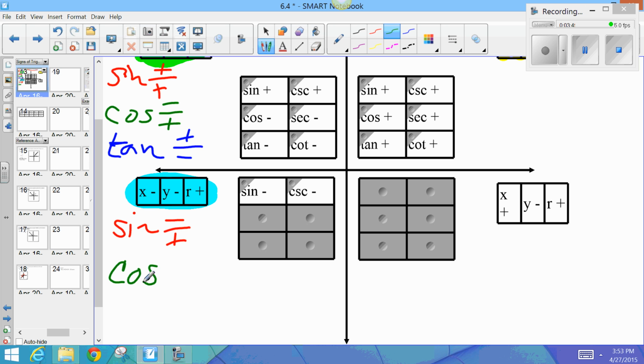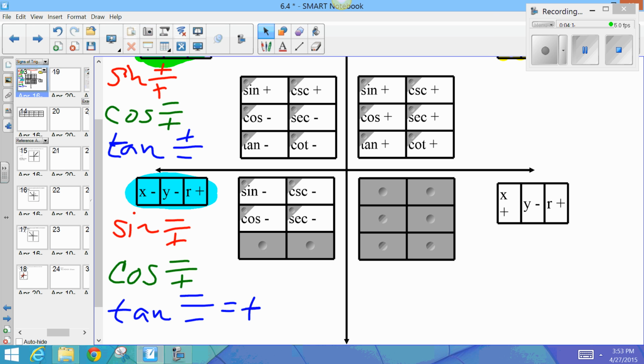Cosine is x over r. That's negative divided by positive. That's going to be a negative. So cosine is negative in quadrant 3, and so is its reciprocal. Tangent is y over x, so that's negative divided by a negative. Well, negative divided by a negative is a positive, so tangent is positive in quadrant 3, and so is its reciprocal.